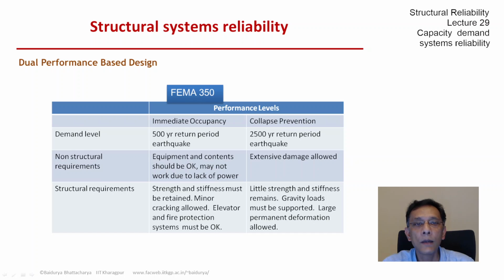For example, the demand for immediate occupancy is a 500-year return period earthquake, whereas for collapse, the demand level is much higher at a 2,500-year return period. You can read the other aspects also, and it's clear that the performance levels are different, the expectations are different, the demands are different, and presumably the acceptable safety should also be different.